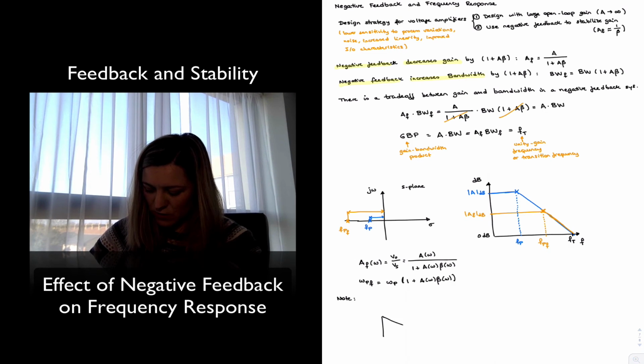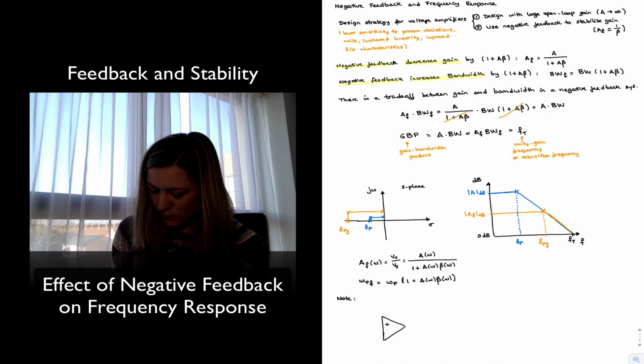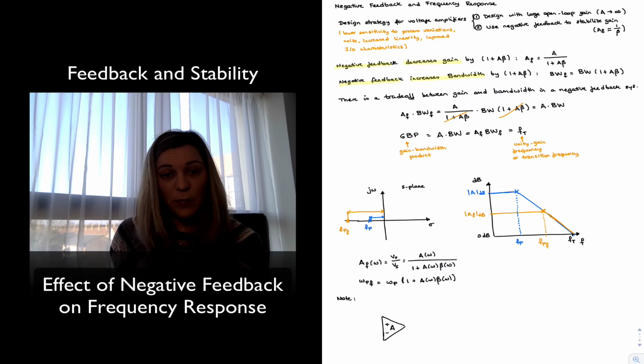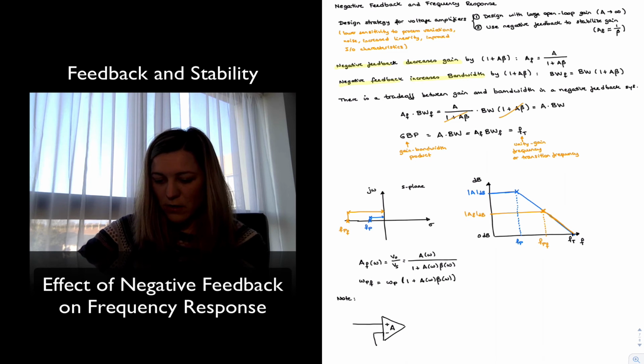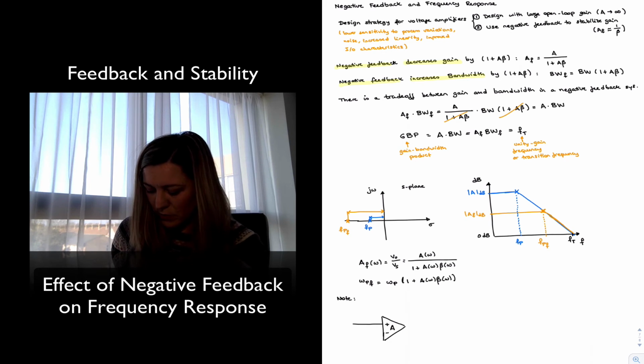Let's imagine that you have your op-amp, your amplifier with a gain A. I'm going to refer to the op-amp because it's a system that you know, and it's probably easier to visualize than just an abstract block diagram. Let's imagine I have a feedback network.